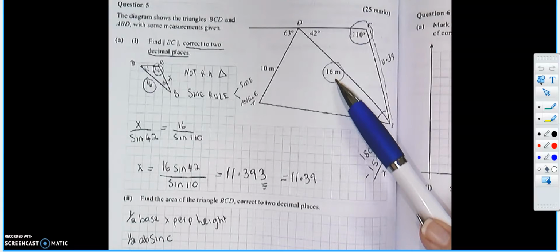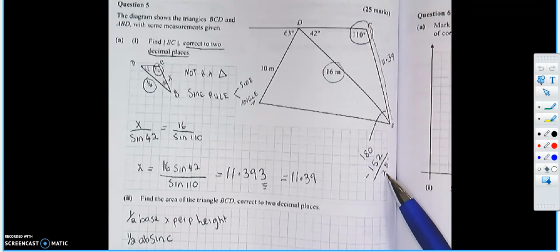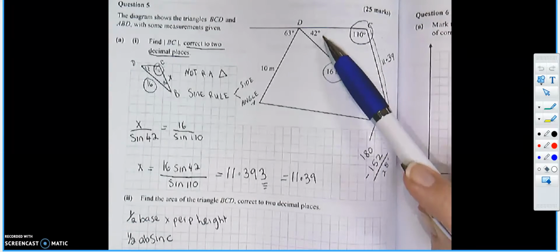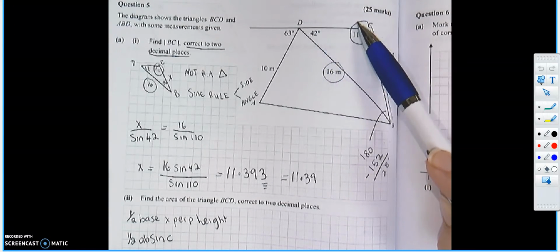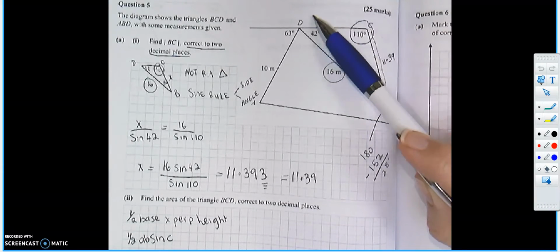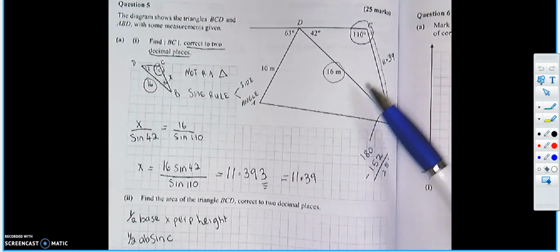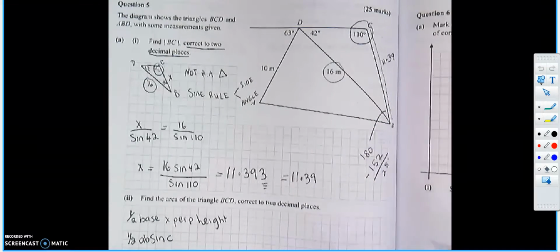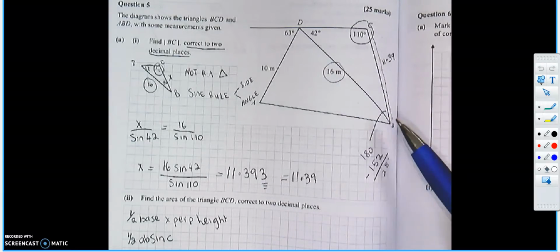That's why it was really important I'd worked out my 28 degrees earlier. If I wanted to use 42 degrees, I would have had to work out the length of this side. If I wanted to use 110, I would have also had to work out the length of this side. So half AB sine C means half of 2 sides, times the sine of the angle in between.